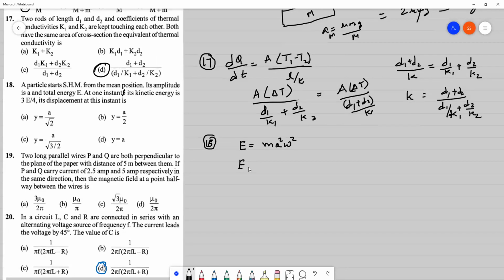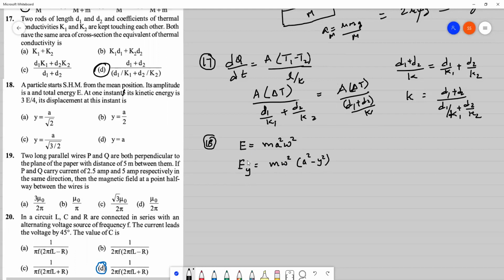Kinetic energy of the particle at some displacement y is equal to m omega squared into a squared minus y squared. It is quite understandable here. At the mean position y is equal to 0, so the maximum kinetic energy is m a squared omega squared.